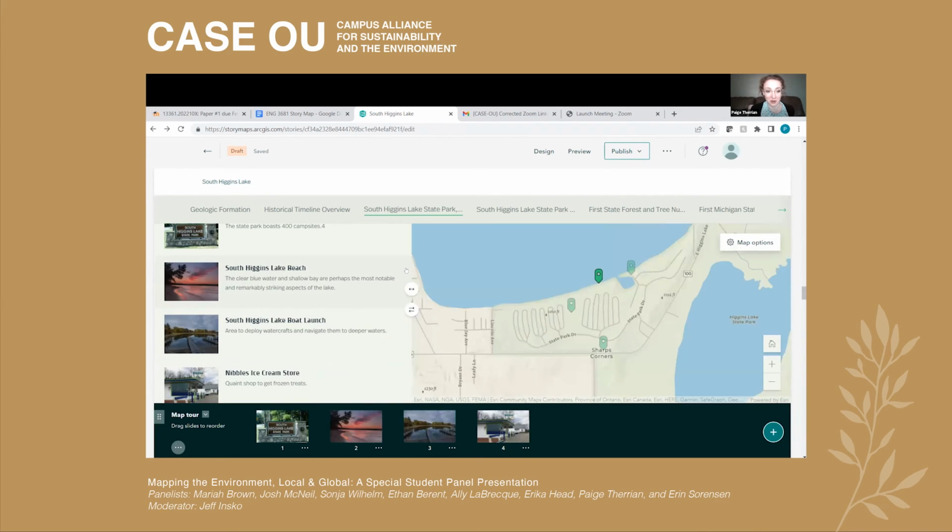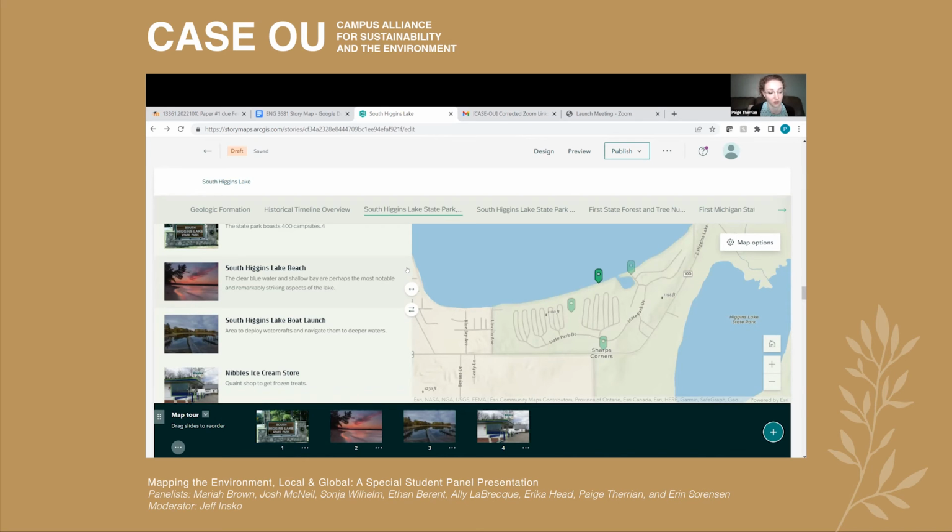Okay, so the beach, where yards of blue water are visible before it drops off into the deeper part of the lake. This is commonly referred to as one of the most remarkable, notable aspects of the lake.